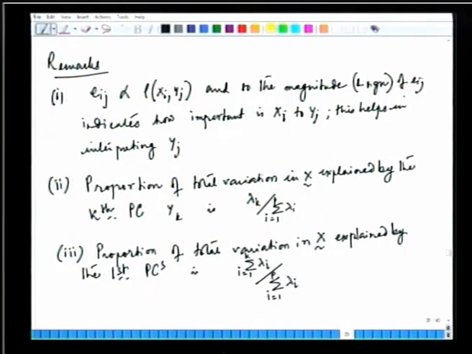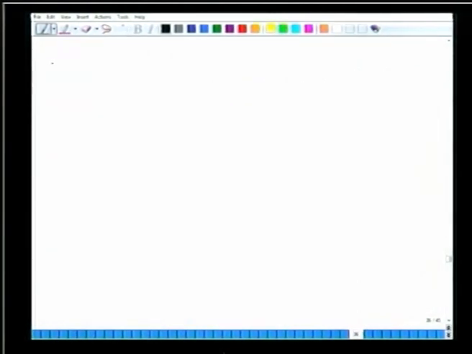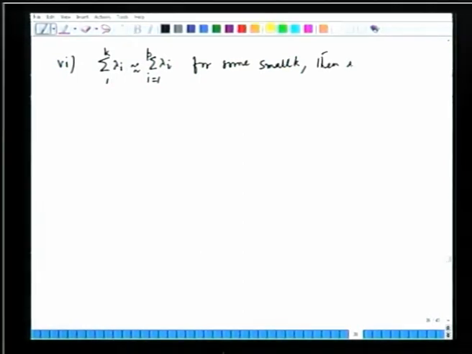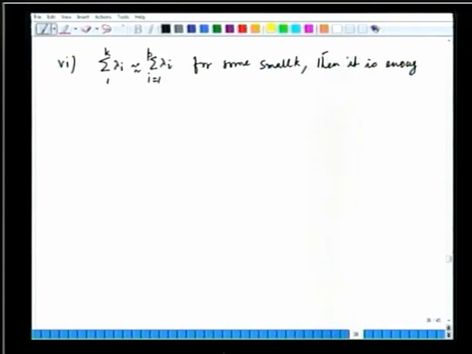Okay. And then comes the important point that if I have sum of lambda i from 1 to k approximately equal to sum of lambda i from 1 to p, and that too for some small k, smaller the better, then it is enough to consider the first k principal components, and the data dimension can be reduced to k.